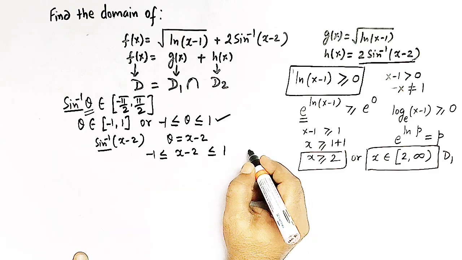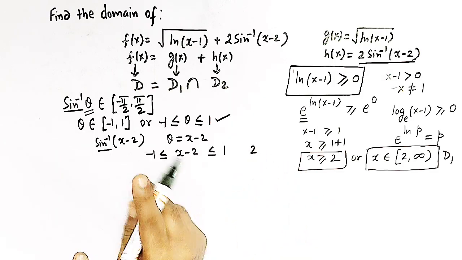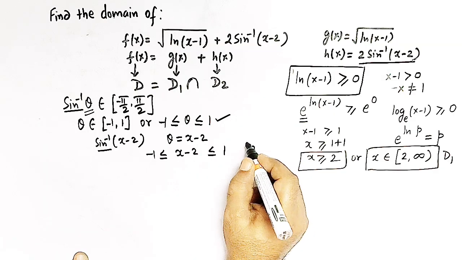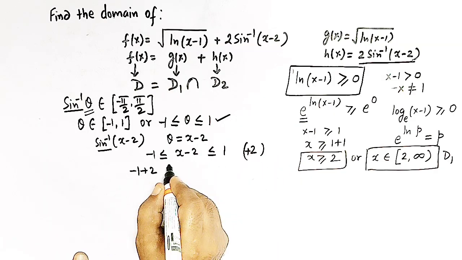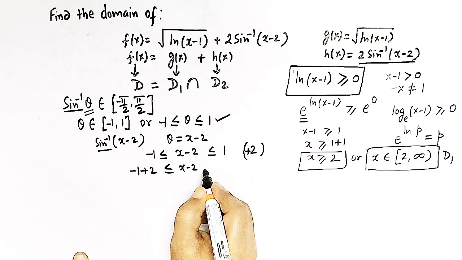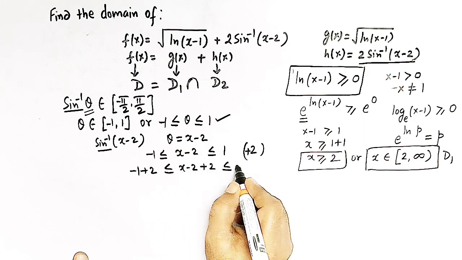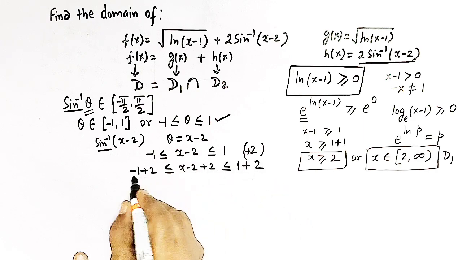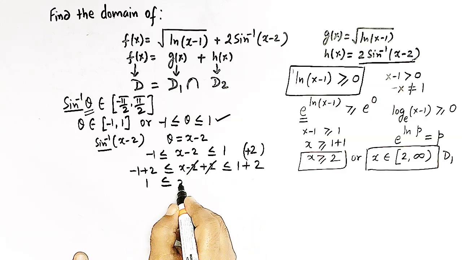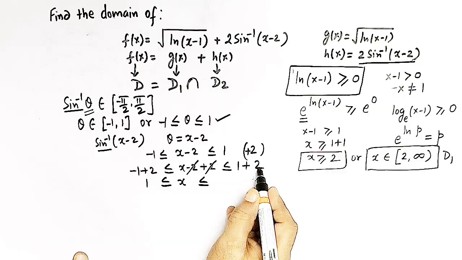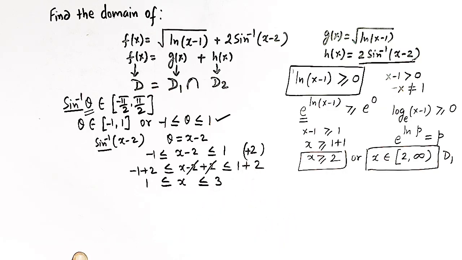Now adding 2 throughout this inequality, we have here minus 1 plus 2, then here x minus 2 plus 2, and here we have 1 plus 2. So 2 minus 1 is 1, here 2 and minus 2 get cancelled, and here we have 1 plus 2 is 3, right?